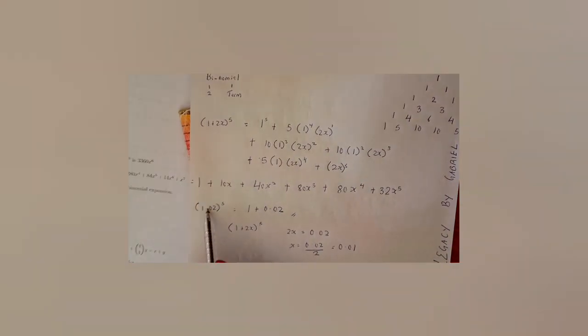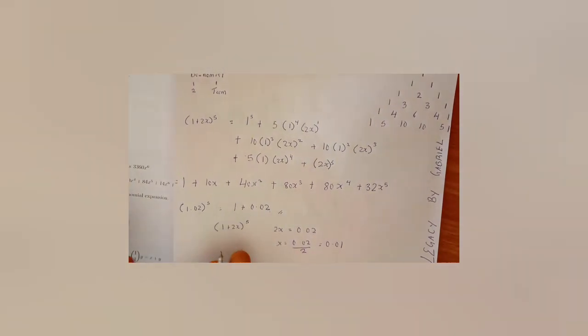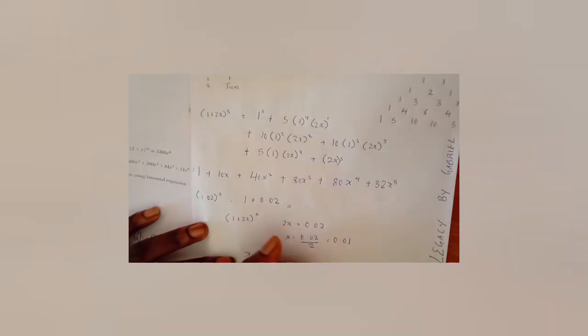That gives us 0.01. So we just equated this and this, 2x is equivalent to this. Then we made x subject of formula, and we divided by the coefficient of x, that's 2, and we have 0.01. So we have found x as 0.01, but our work is not finished yet.